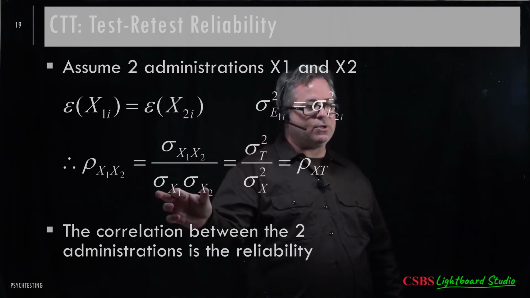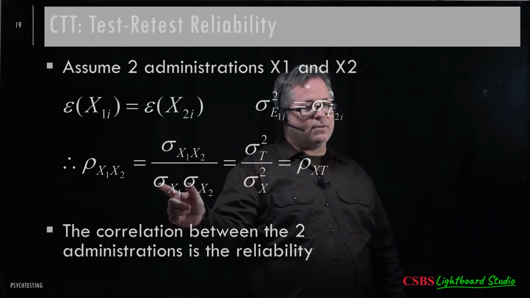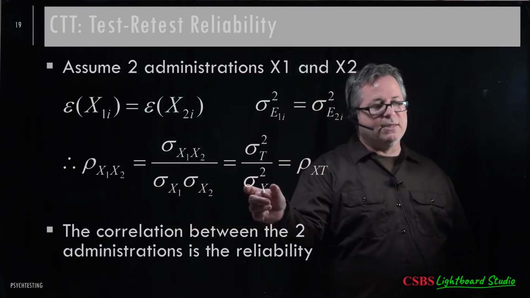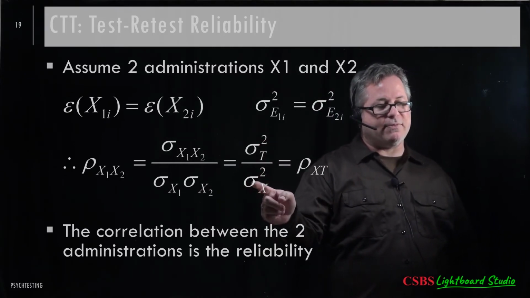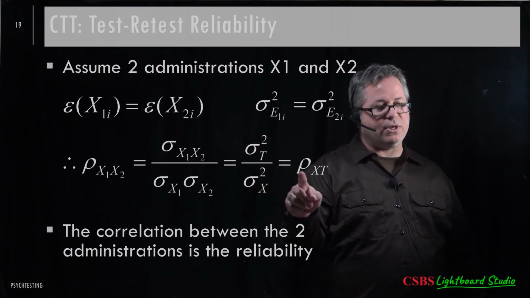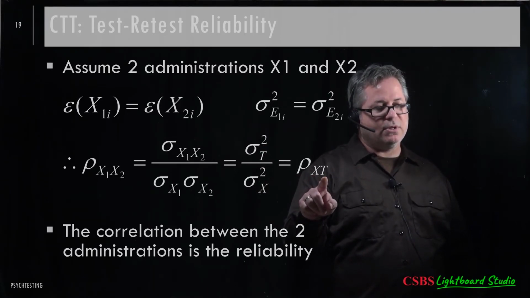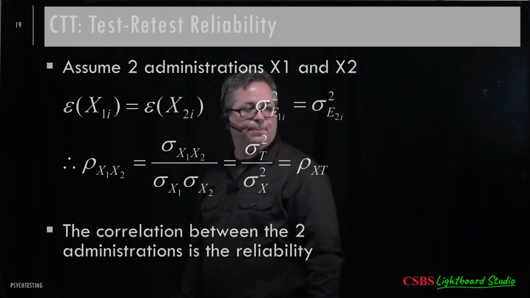Because these two things should have the same variance, the same error variance here, multiplying these two standard deviations should be the variance for X. So it simply takes the covariance between the two of them over the variance of the scores. I should get the correlation between the actual test and the true score. And this gives me a sort of measure of how much of the true score this scale is actually covering, which gives us the sort of measure of reliability.